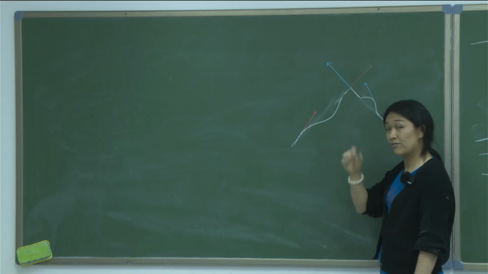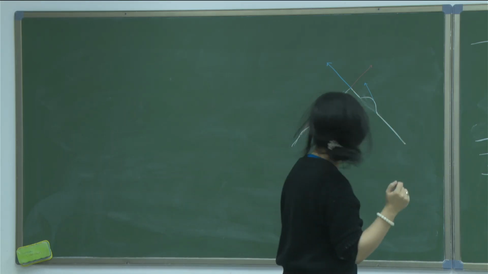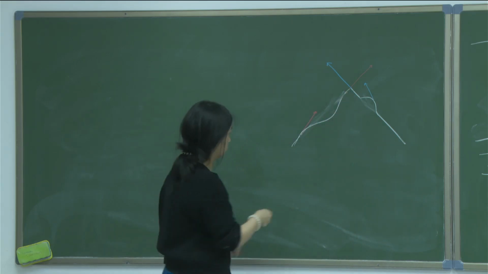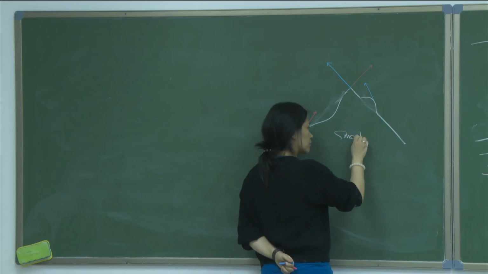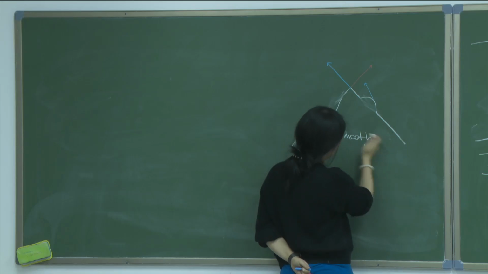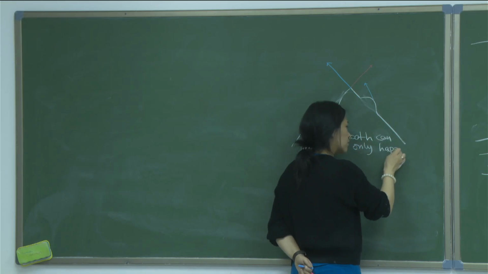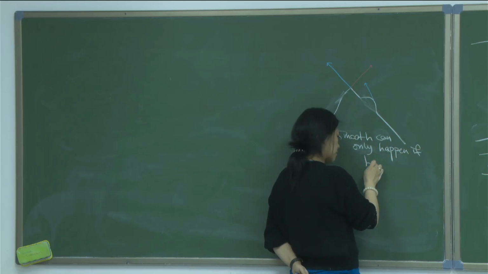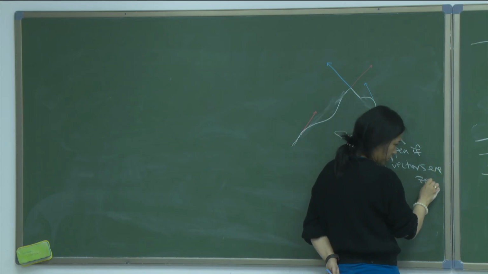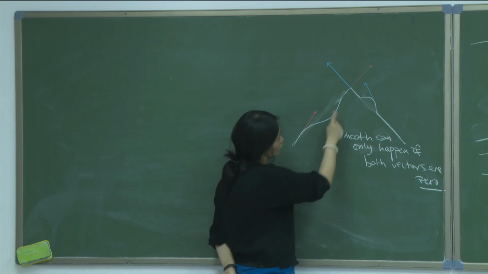And if that needs to be smooth, the only way it can happen is if both vectors are 0. So basically what happens if you drive a car alongside your street is the following.